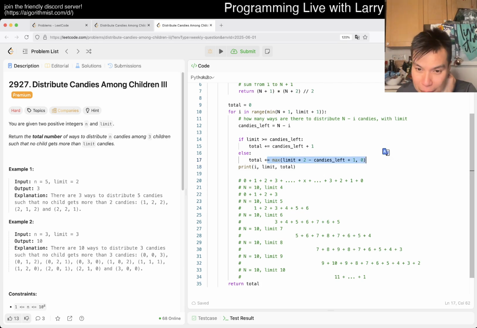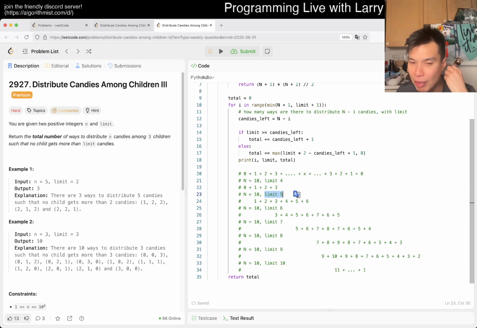All of these have n plus 1 number of things, and that makes sense, because there's n ways for the first number, so that's why limit. Okay, that makes sense.